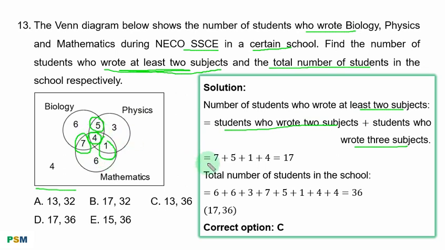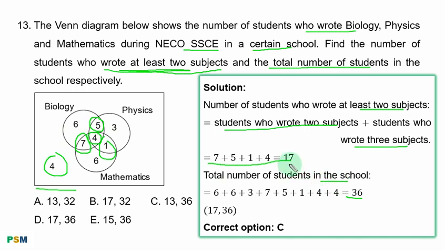You add them together and you have 17. That is the first part. Second part, total number of students in the school. You add all the information in the Venn diagram, including these 4, and you have 36.